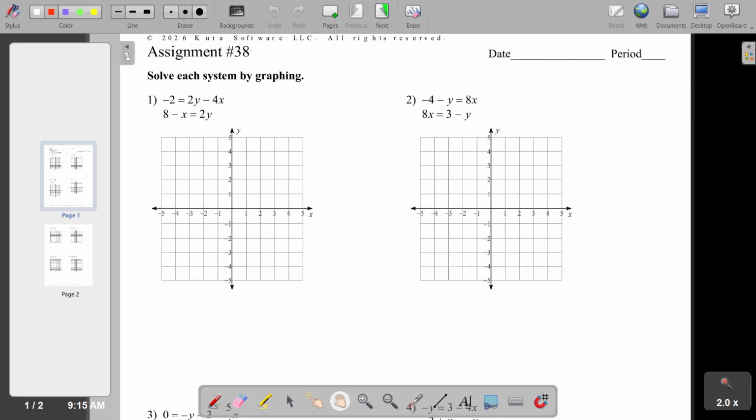So for our first problem, number 1, for our first equation, what's the move? Yeah, I just moved the 4x because I like the 2y being a positive, so I'm not going to mess that up.